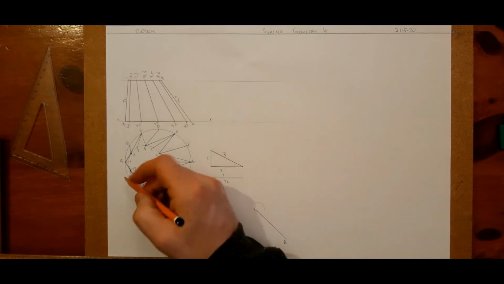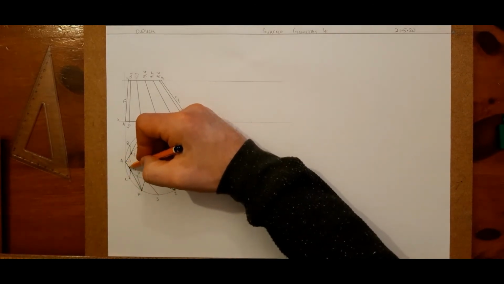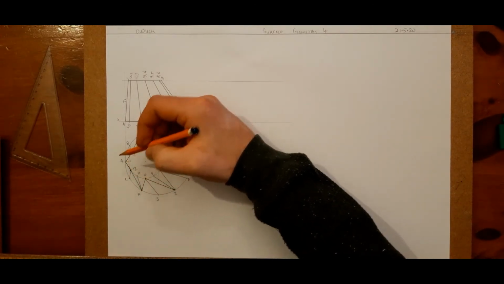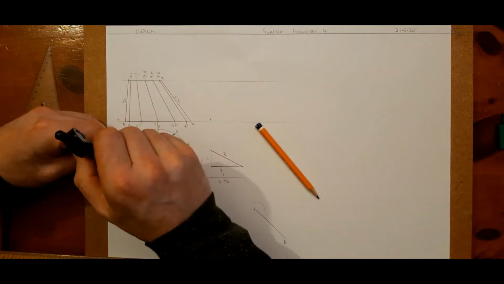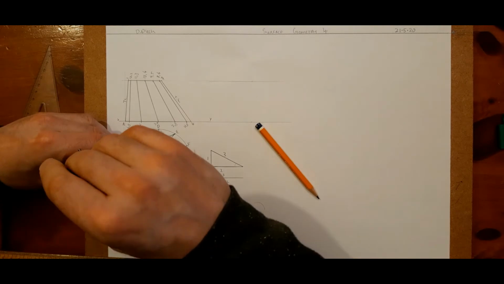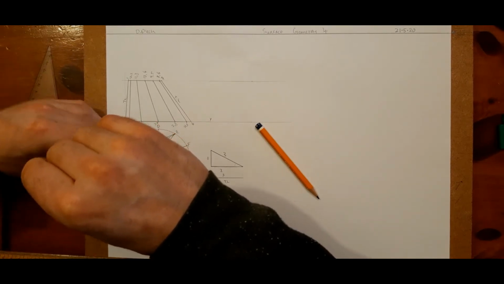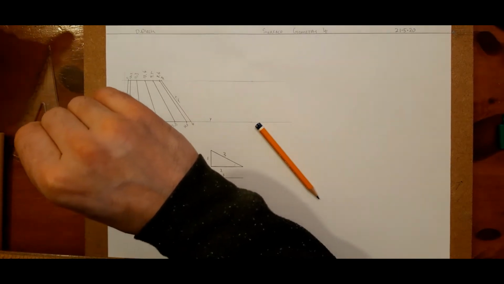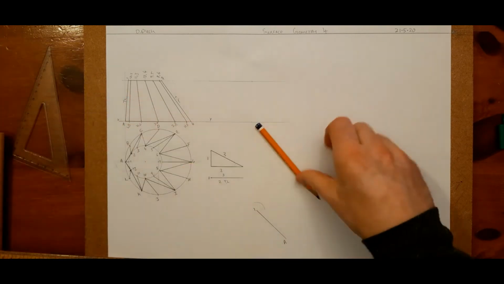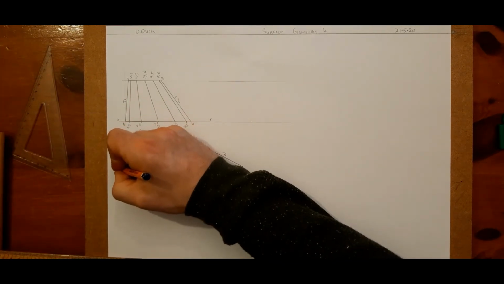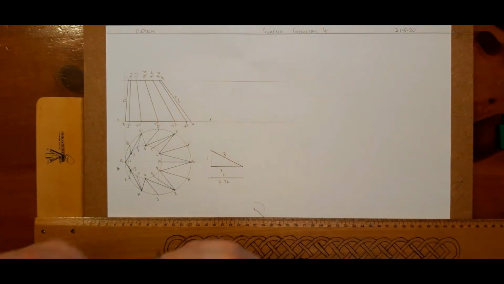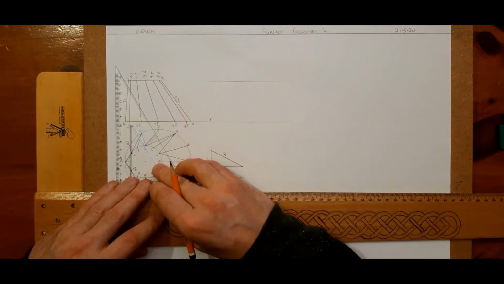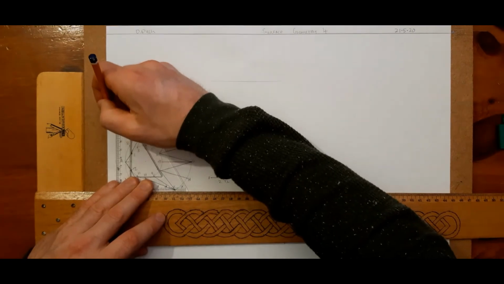But what I need to find out is the true length of that sloping line from 8 to 12, okay? So what I could do there is put it down here, and I could rabat around 12, swing it around, okay? Bring it up to my elevation.